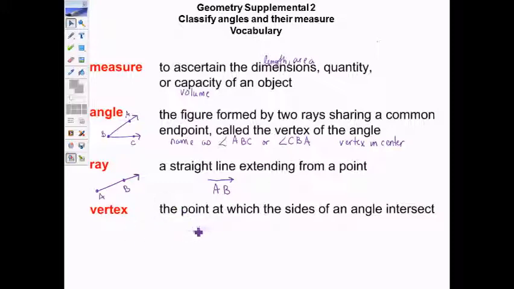And then the vertex, if we have an angle, that's the vertex right there. And this is angle ABC or angle CBA, just so long as the B is in the center. That's what's important.